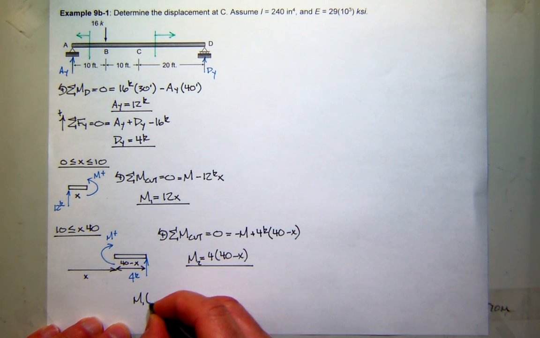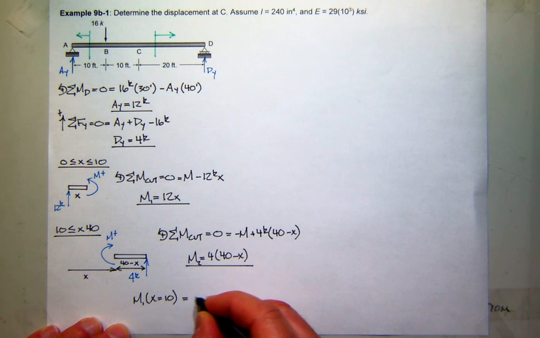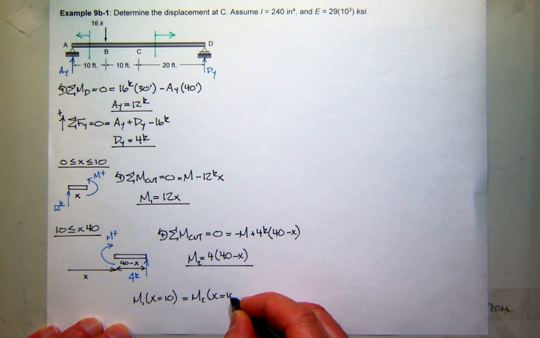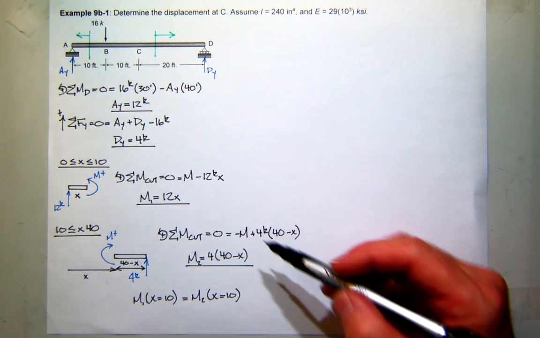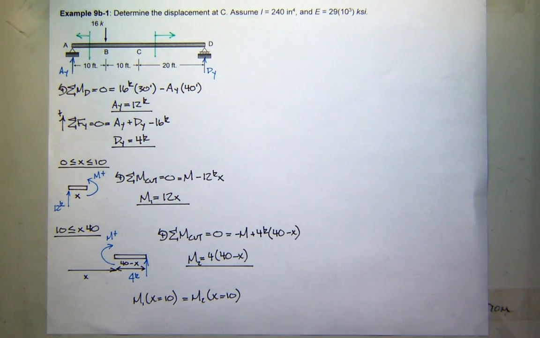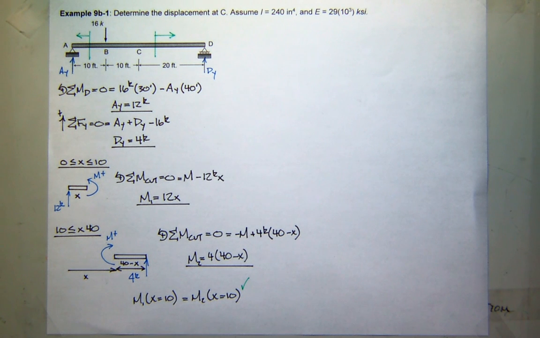So moment 1 at x equal 10 should equal the moment from section 2 at x equal 10. If I put x equal 10 here, I get 120. If I put x equal 10 here, hey, I get 120. So that seems to work. So I feel pretty good about my moment expressions. Any questions about that?